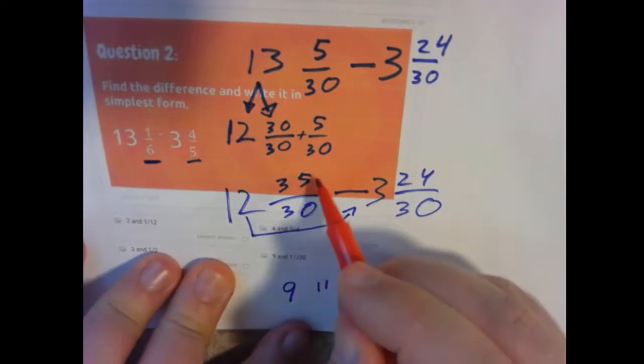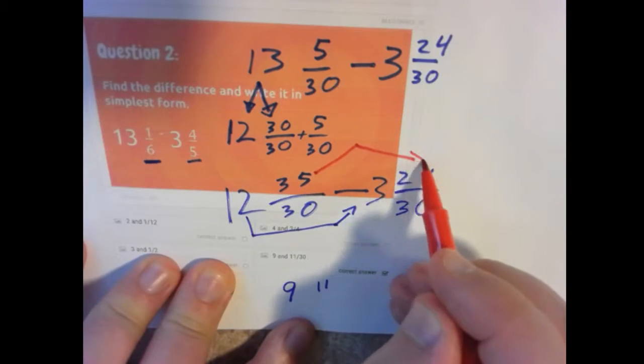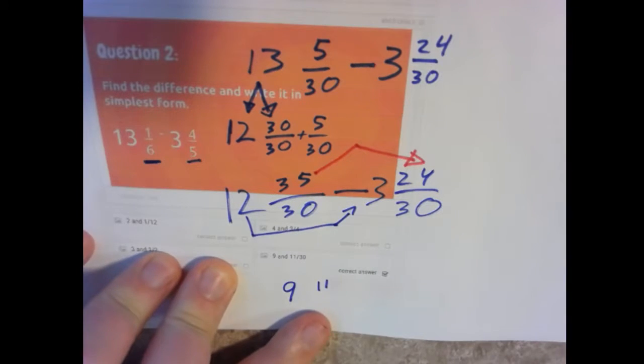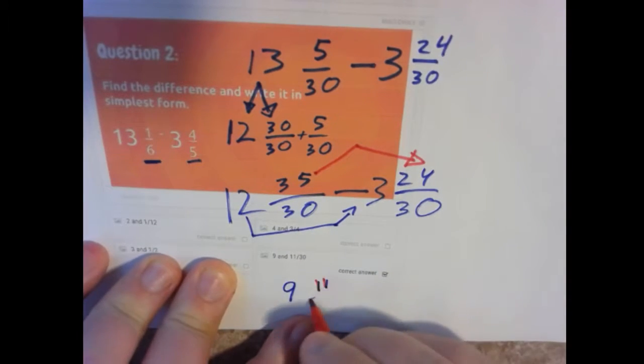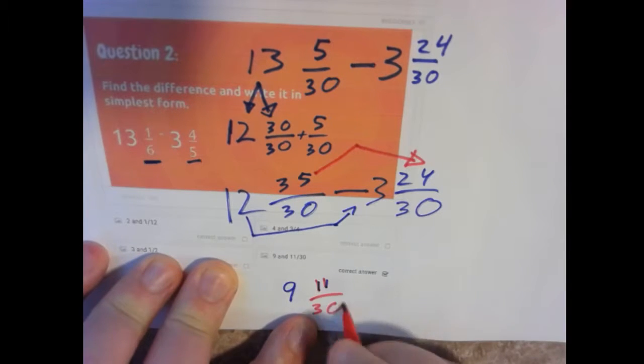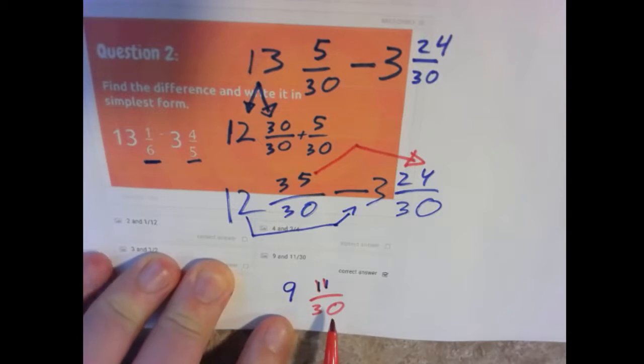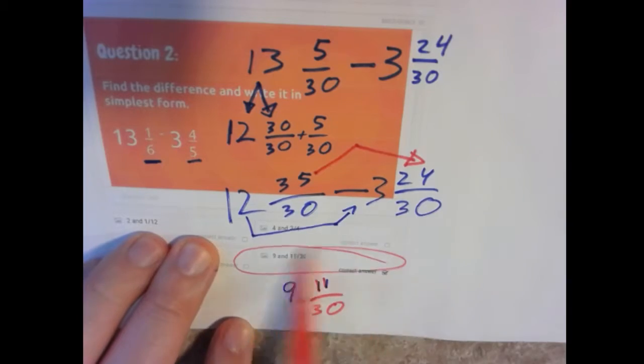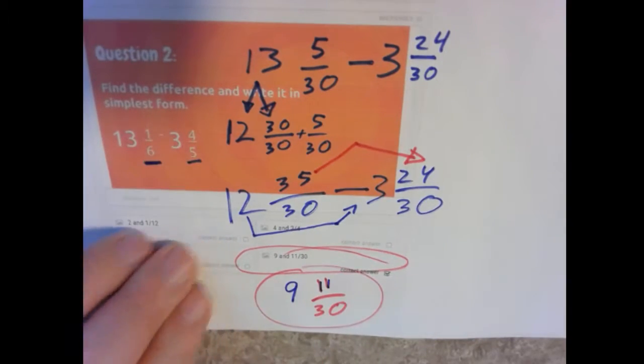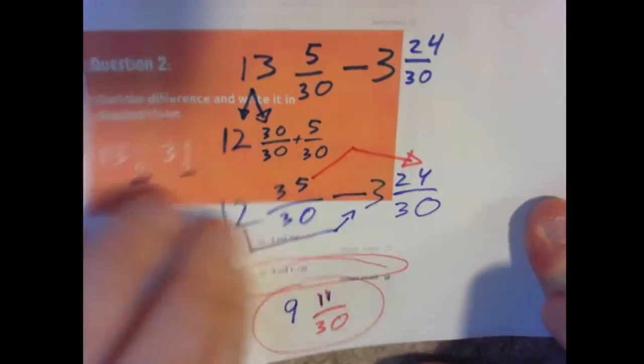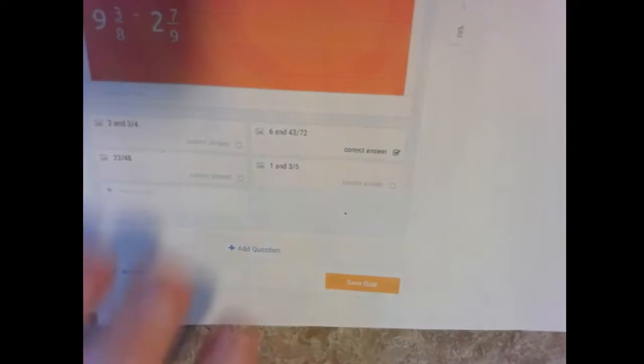Doing that in red. 35 take away 24 is 11 over 30. So the final answer would be 9 and 11/30ths right there. Next one.